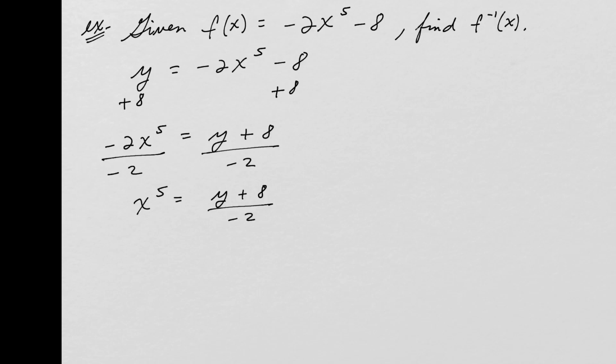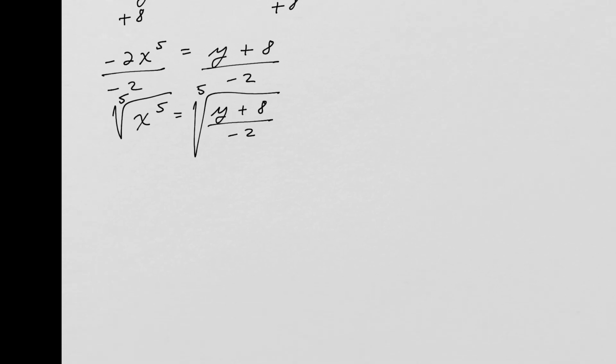And then how do I get x? If I have x to the 5th, I need to take the 5th root. You take the 5th root of both sides. So in that case, I'm going to have x is equal to the 5th root of y plus 8 over -2.